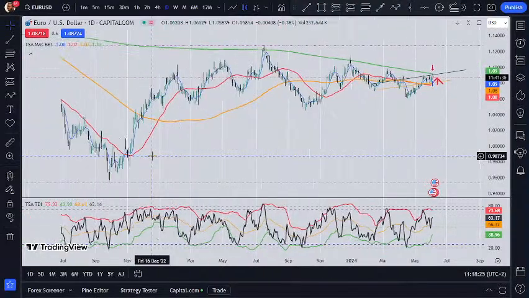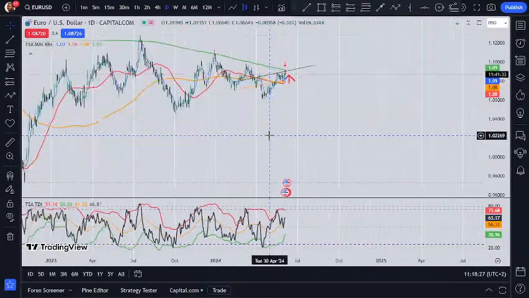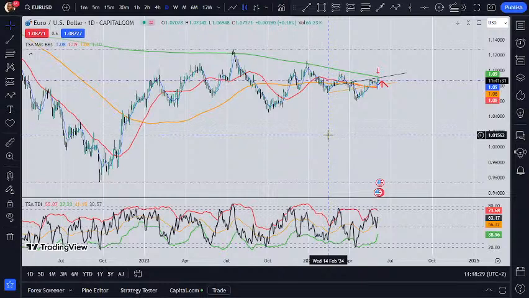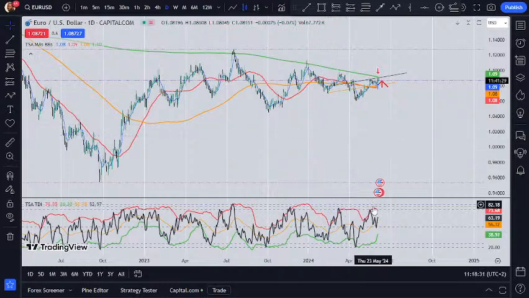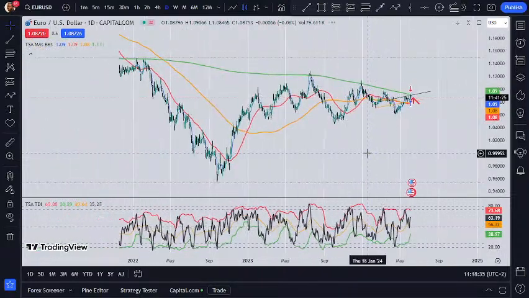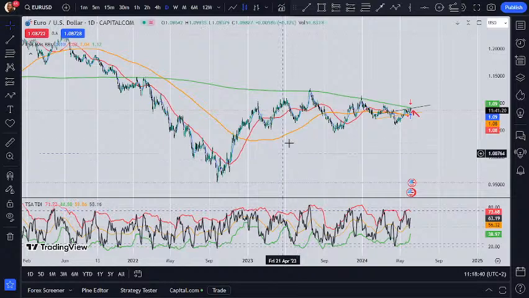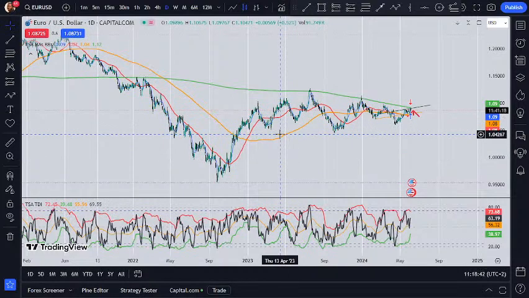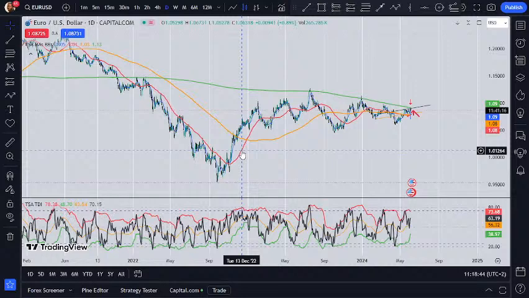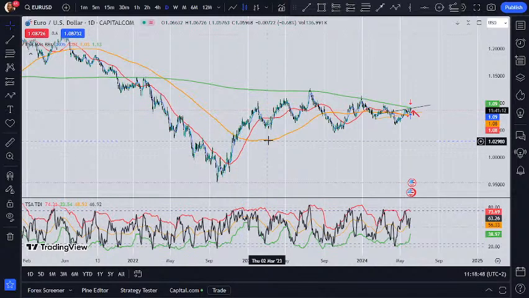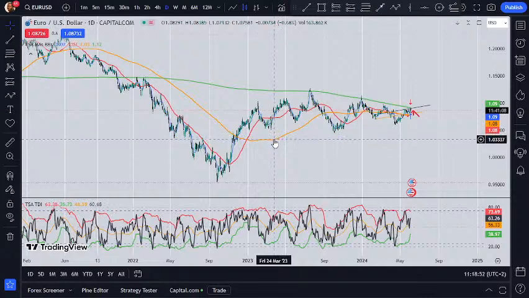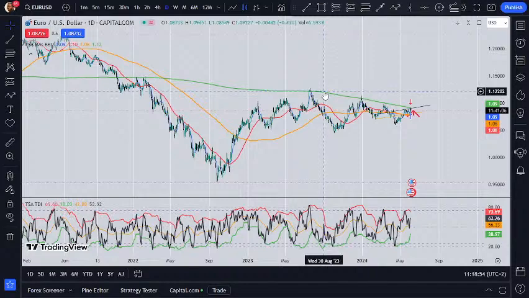The red one is a 50 moving average, this is a 200 moving average, and this is the 800 moving average.